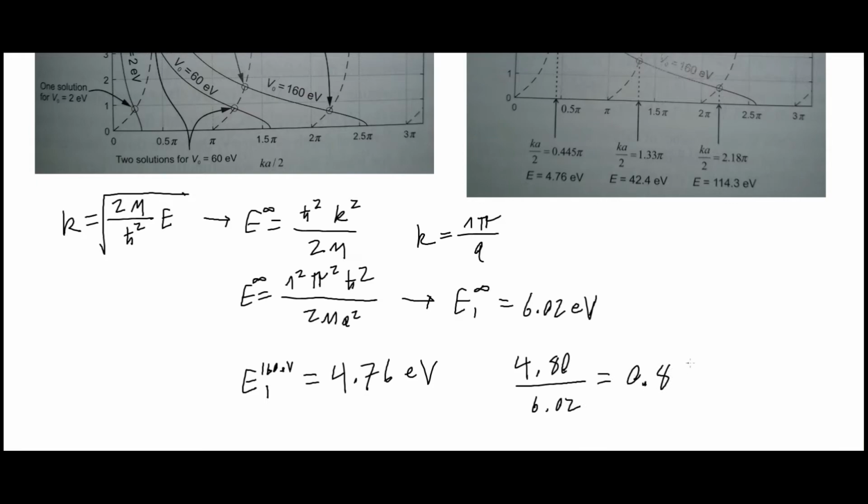So the ratio, and as we went up different levels, I think it was something closer to 0.78. But anyway, we see that it's smaller for these in the finite rectangular well.